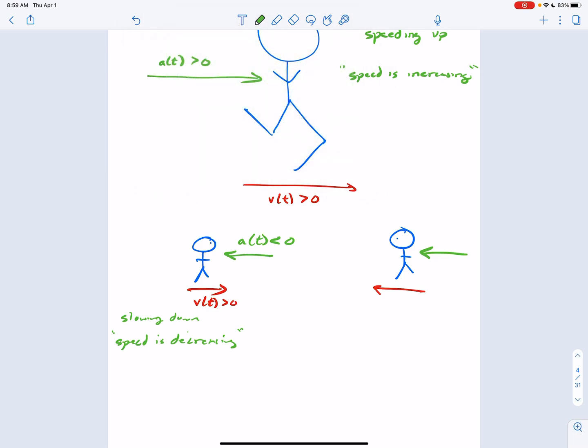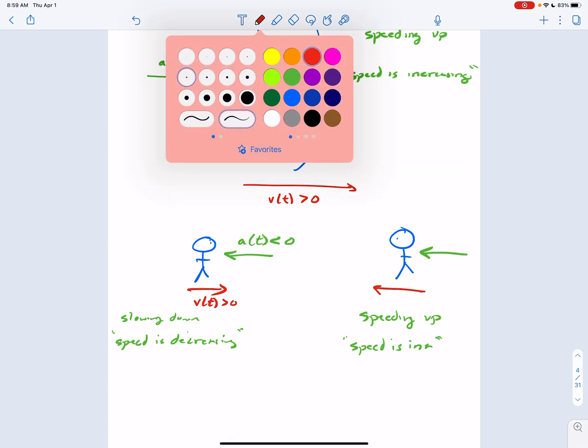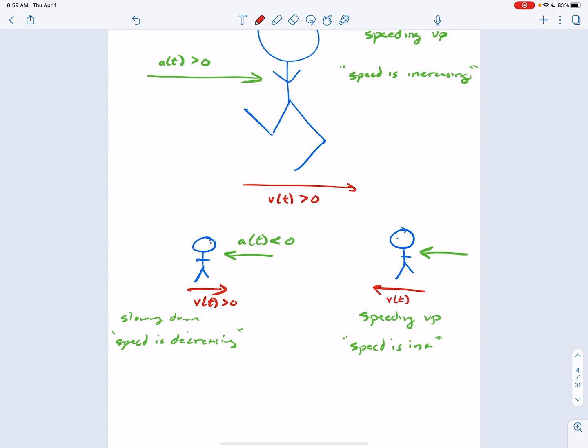In this case here, you would be speeding up. Your speed is increasing. You would still be going faster because since you're going left, your velocity is negative, and since I'm pushing you towards the left, my acceleration is also negative.